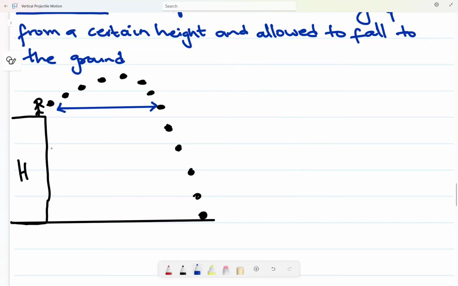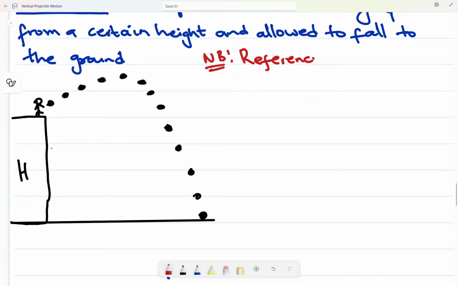This one is going to be important. The examiner should tell you which reference point you should take. If the examiner says the reference point is the 0 point, take note. What do I mean?